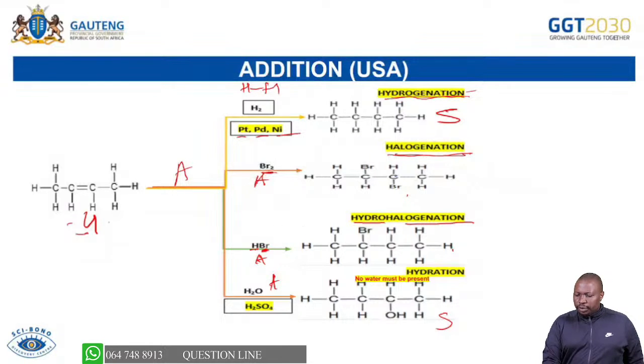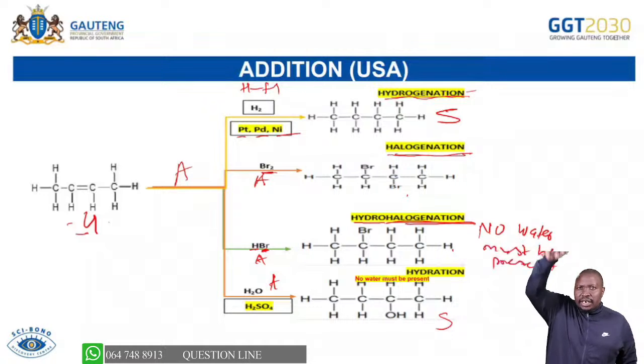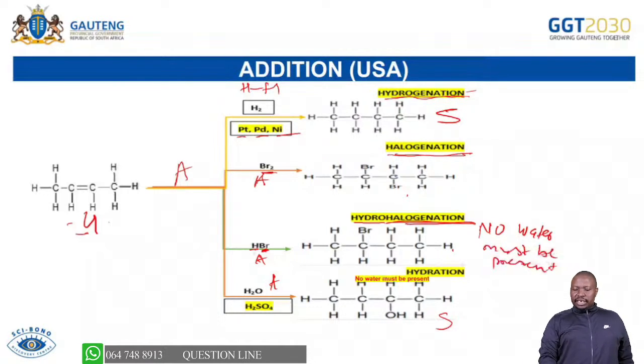Now this one, which is your hydrohalogenation, we're saying no water must be present. If water is present, it will add itself on the double bond. So for this hydrohalogenation, no water must be present.